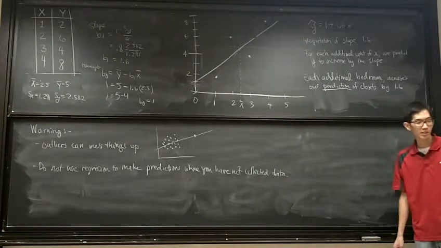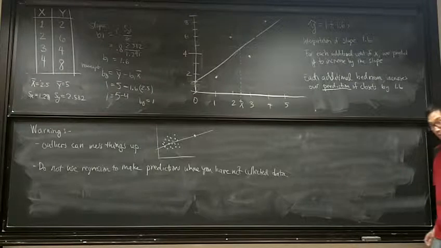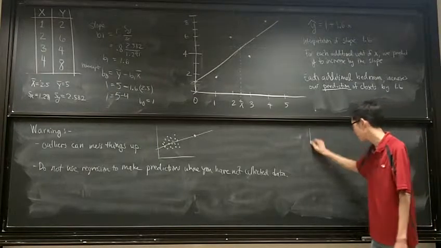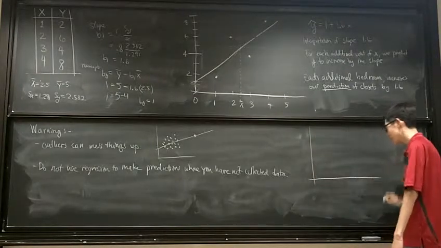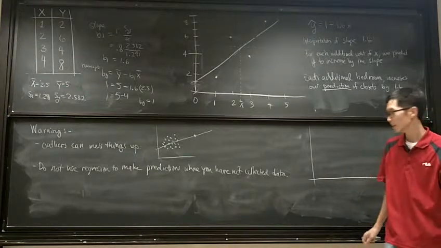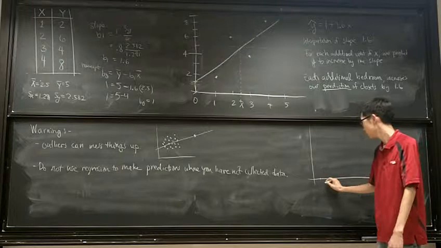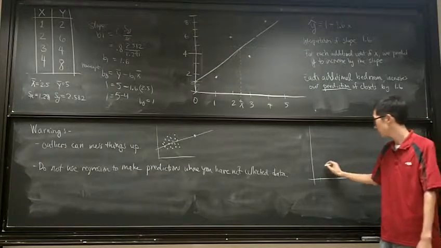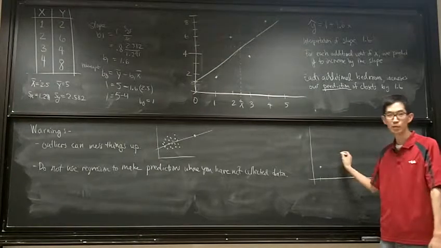A lot of people are guilty of doing something like this, okay? So here's a silly example. Let's say you have a child, age 2, and you decide to measure the height of this child as time goes on.